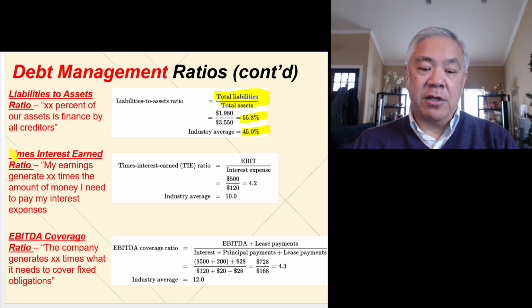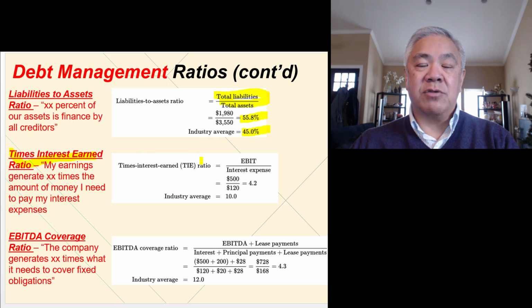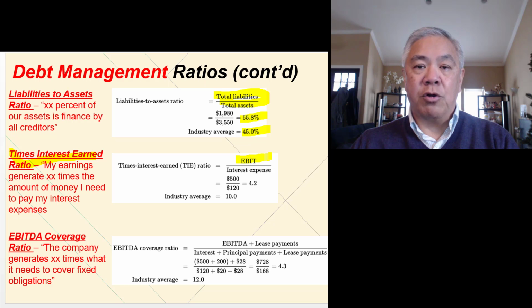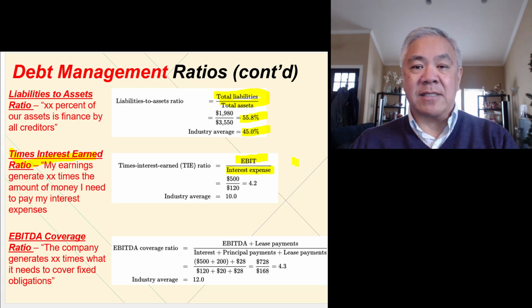The next one is very useful and used a lot in industry, and it's because it looks at the crossover between the income statement and the balance sheet. So it's called times interest earned, sometimes simply abbreviated TIE, and it's EBIT, which again is earnings before interest and taxes, divided by interest expense.